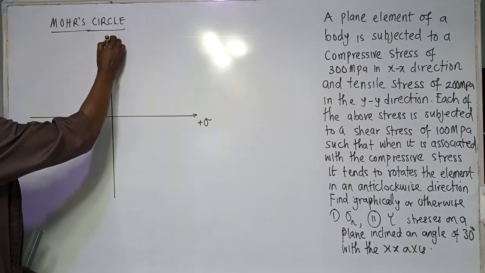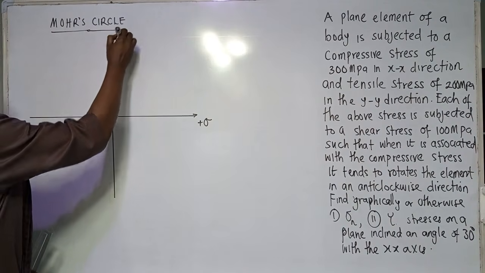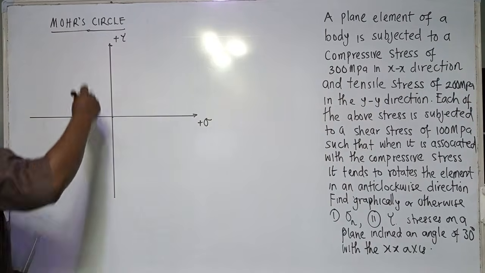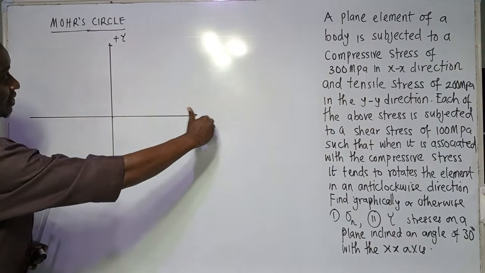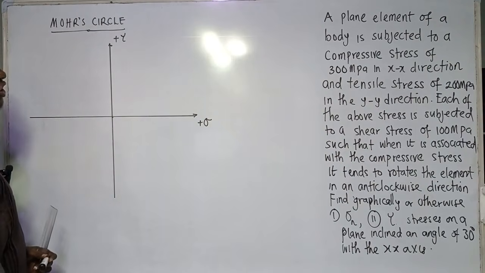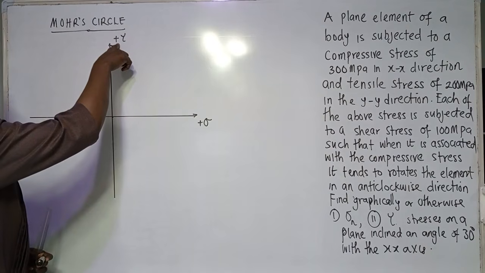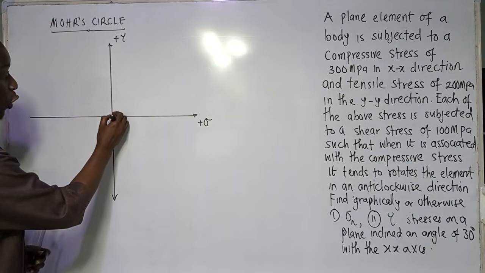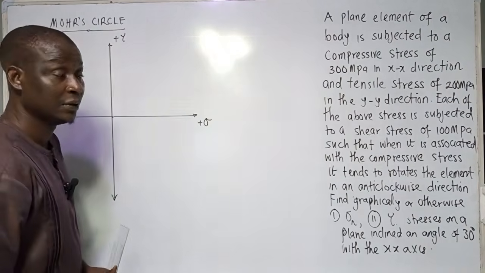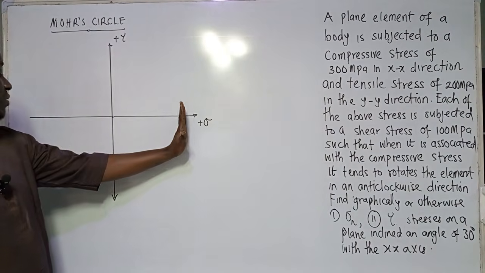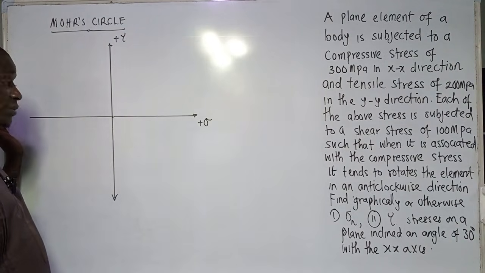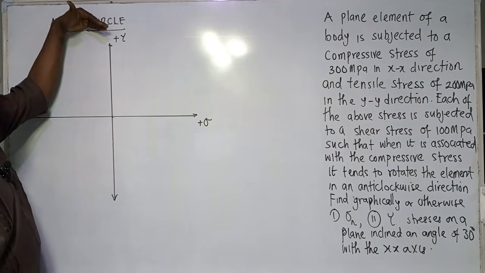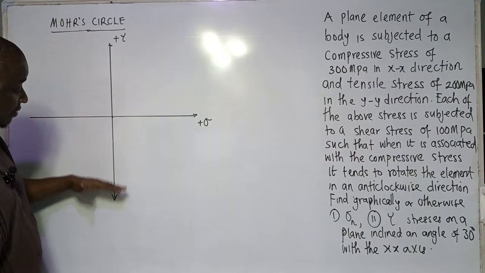Then I'll be taking my Y axis as the shear stress. This one will be the normal stress, while this one will be the shear stress axis, that means the tangential stress. I'm taking this one as positive, and we'll take below the origin as the negatives. So if this is positive, you should know this one should be negative. Then this is the origin, up here is positive and down is negative.